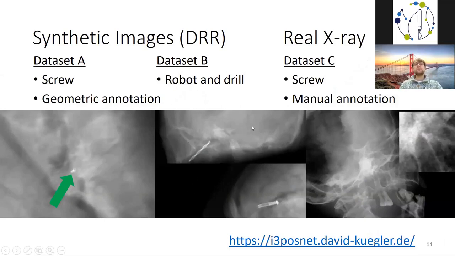And finally, we have the data set that we acquired using a real X-ray setup, which also uses the same screw as data set A. But while the synthetic images can be annotated from the geometry of our simulated world, the real X-ray we have to annotate manually. And this is not trivial, as I've indicated before.